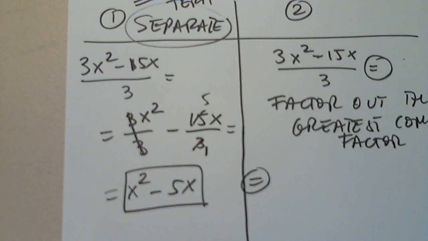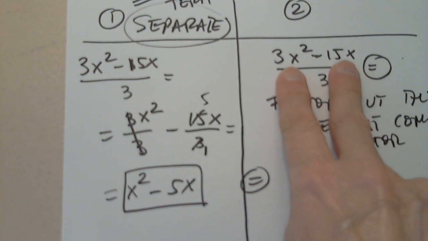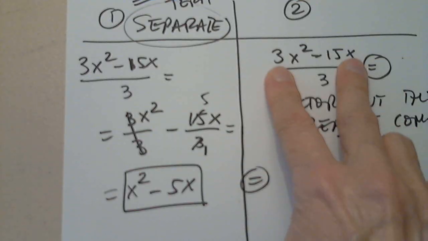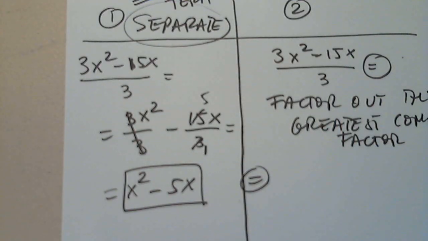Option number 2, I have to factor out the greatest common factor of these two terms. What is common to these two terms when it comes to the number? And then I'm going to ask you about x. What is common to those two terms? To 3 and 15, what factor is common to both? Divisible by 3? Yes, so I will pull out 3.